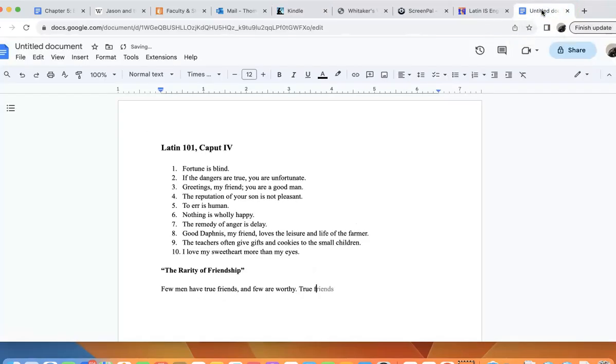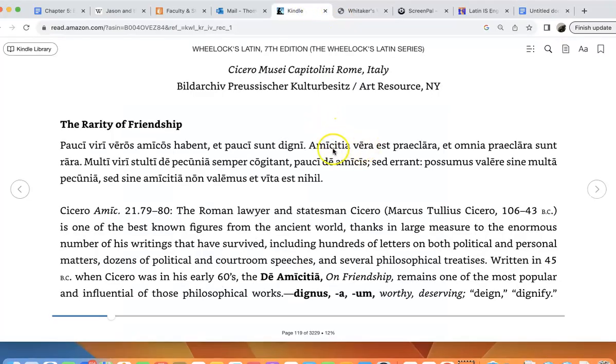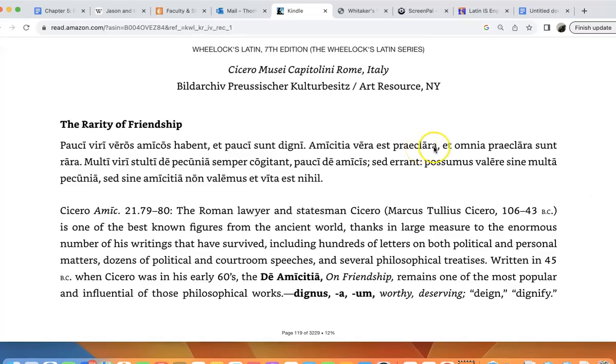So true friendship, vera amicitia, is the subject, and then remarkable. Again, we have our adjective ending in A because the noun it's modifying ends in A, amicitia. Of course, here we have sort of two adjectives. This is our predicate nominative, which was talked about earlier in the chapter.